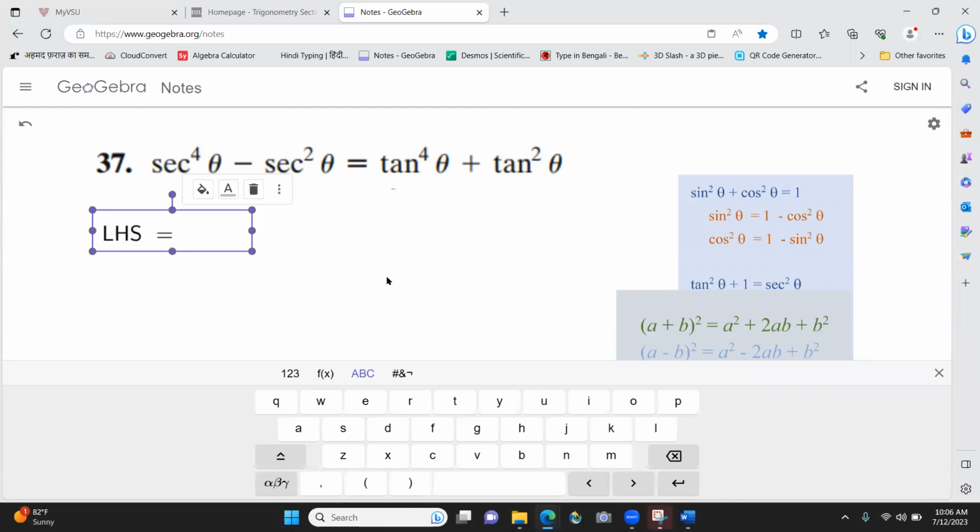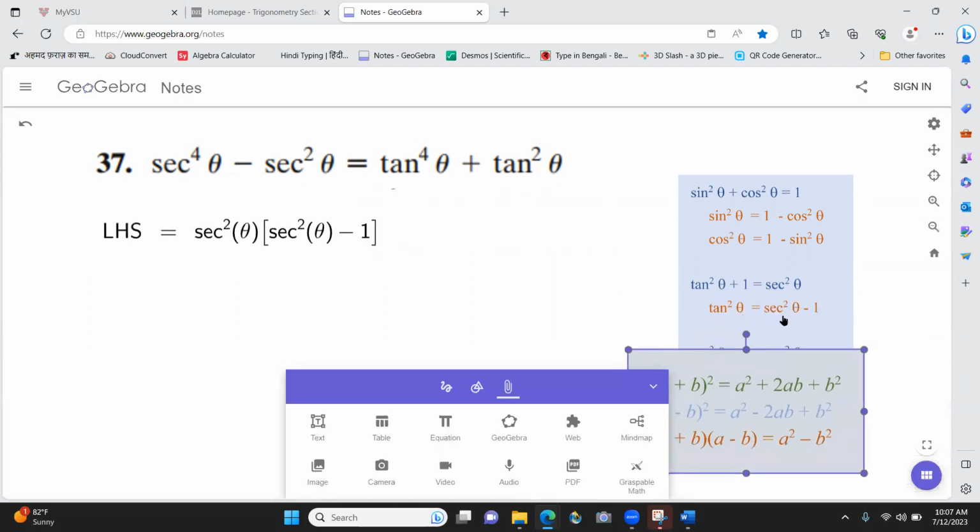Left-hand side. I am going to factor out secant squared theta. I can do that because they're in both components. If I factor out secant squared theta, I'm left with secant square theta minus 1. Now, that's not bad. Secant squared theta minus 1 is what? It's tan squared theta.